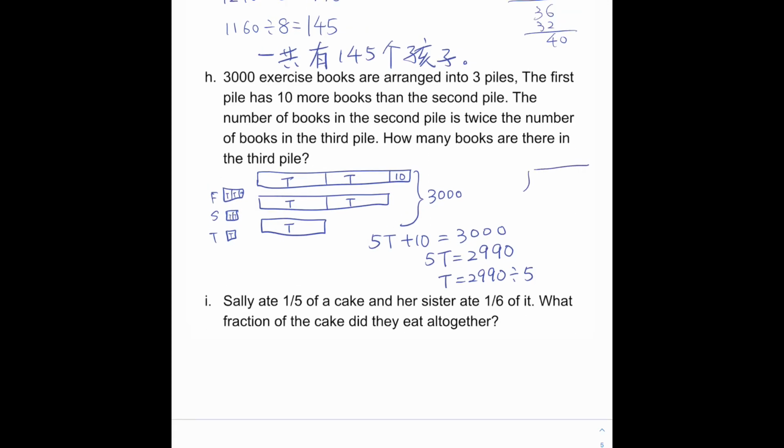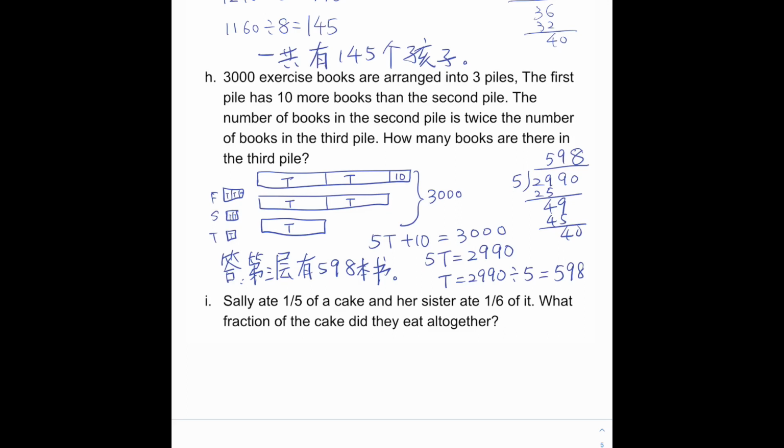Now we can do it here. 2990 by 5 等于598。第三摞答第三层有598本书.